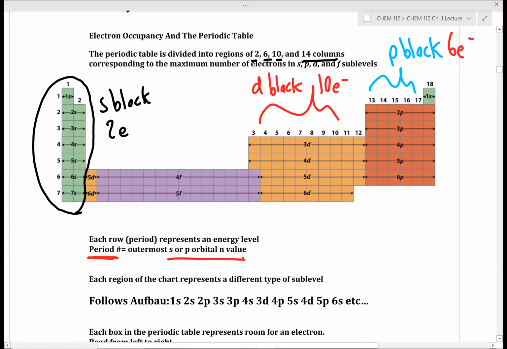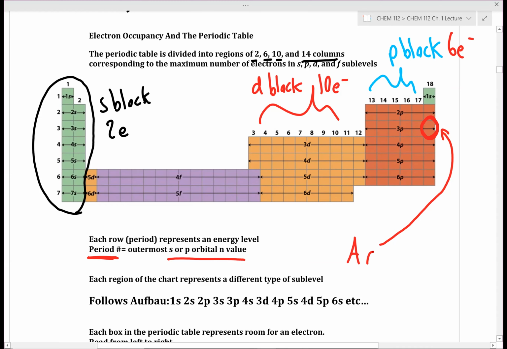Let's use an example to help clarify this. Suppose we're looking at this element here, and that would correspond to argon.